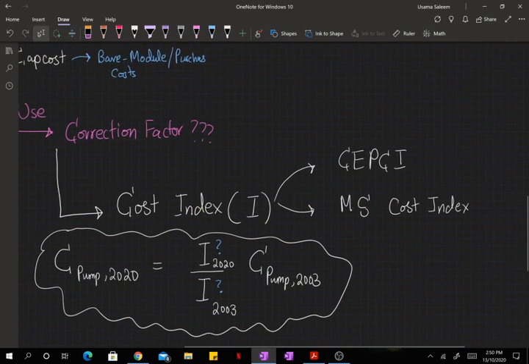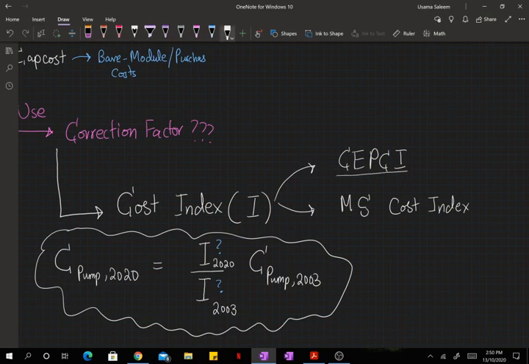And these should be located in your textbook, or you can search the web, like go to AIChE to get the latest journals that document these cost indexes.